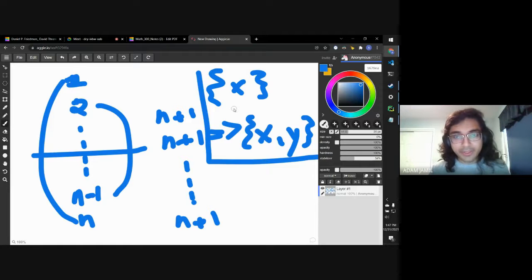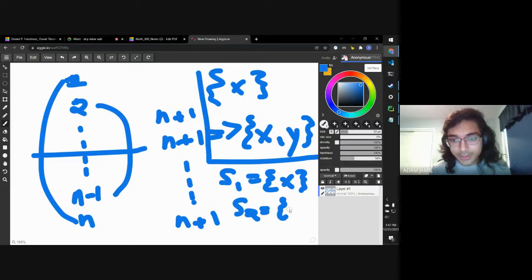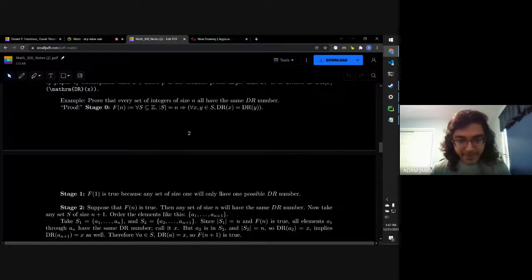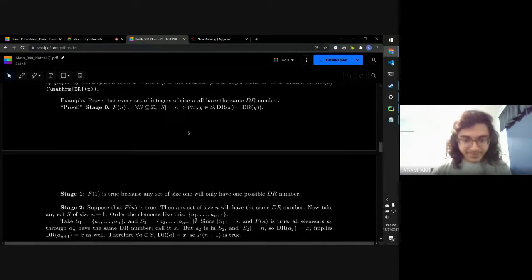So the problem is simply when n equals 1. And the reason that this doesn't work is because the S1 we get is just x. It's the first n things, and the S2 we get is the last n things. So there's no intersection here. Because there's no intersection, we don't have the transitive equality between these two. So there's nothing to be said about everything in S1 and everything in S2 having the same dr number.